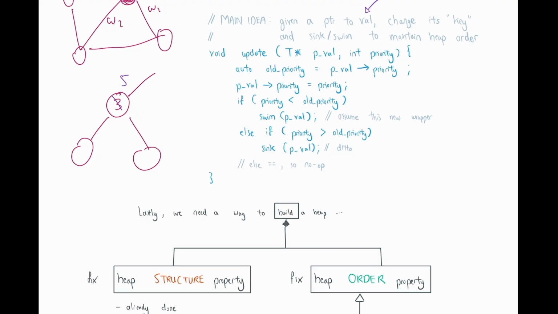Then we need to do these steps. Firstly, we store the old priority as 3, and then we set it to the new priority, 5.